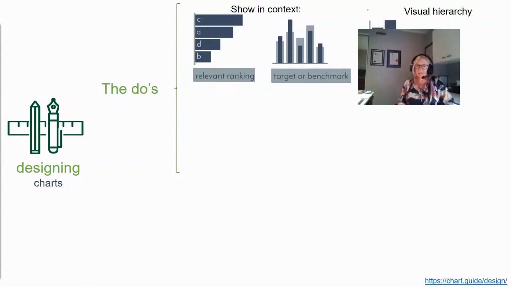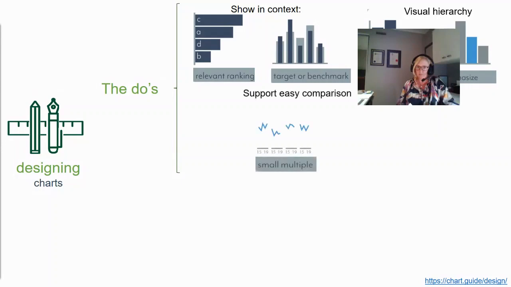Then visual hierarchy. De-emphasize all non-data elements like axis and legend. The data is more important, so really only put the necessary on the chart. And highlight the most important element to make it stand out. Another one is support easy comparison.